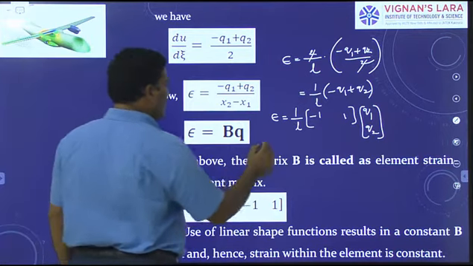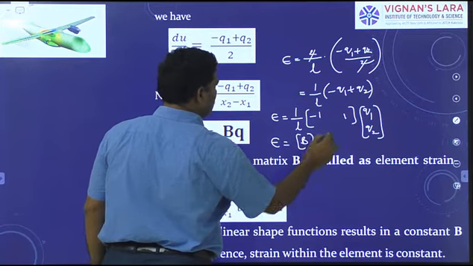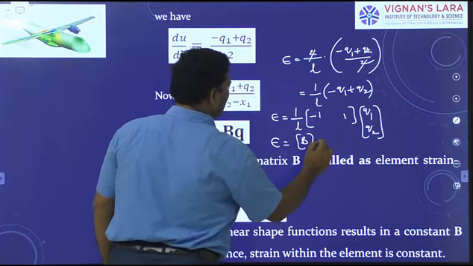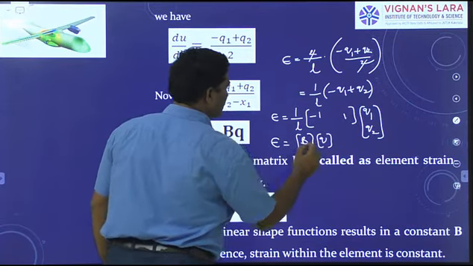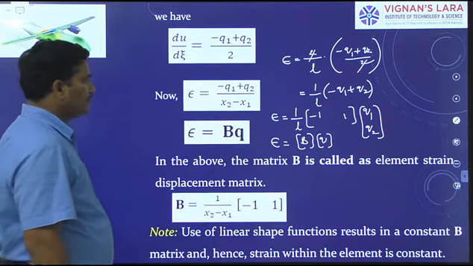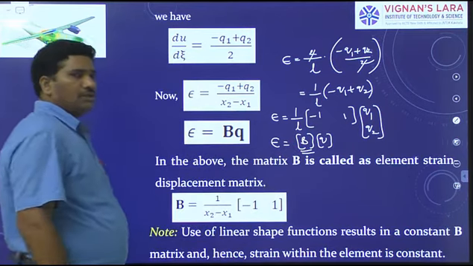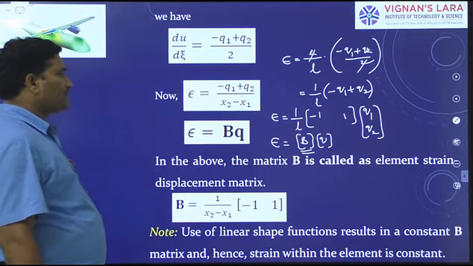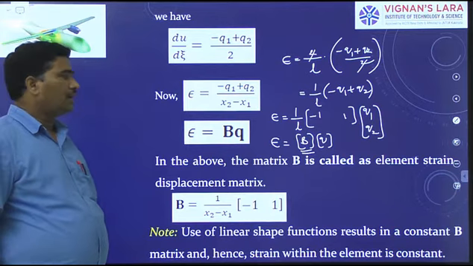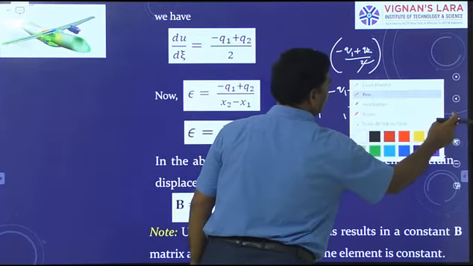Now, this I write as epsilon equals some matrix B into Q. What is Q here? The element displacement matrix. The matrix B, what is it called? The strain displacement matrix.